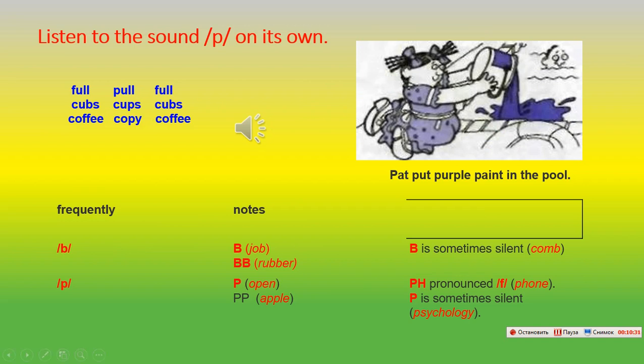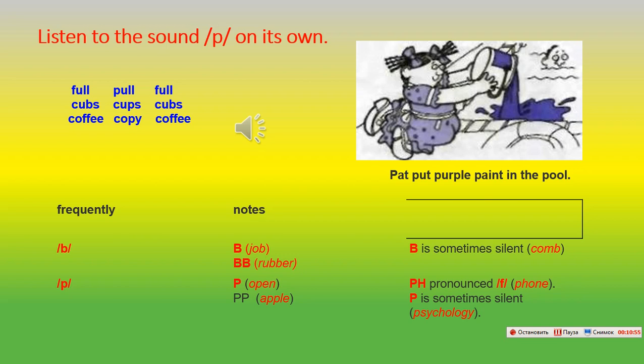Okay, now let's listen to the sound on its own. A10A. A10B. Full. Pull. Full. Cubs. Cups. Cubs. Coffee. Copy.